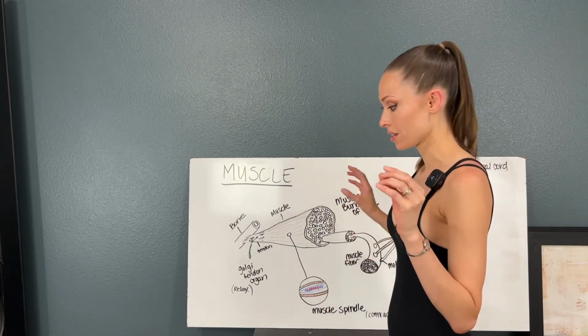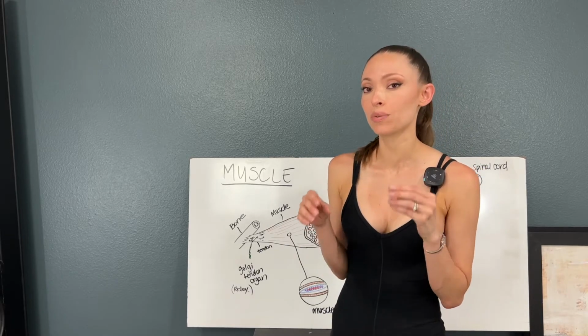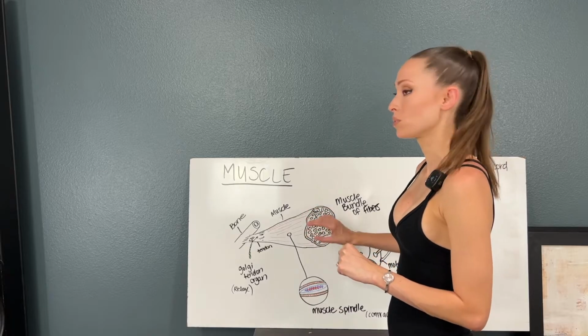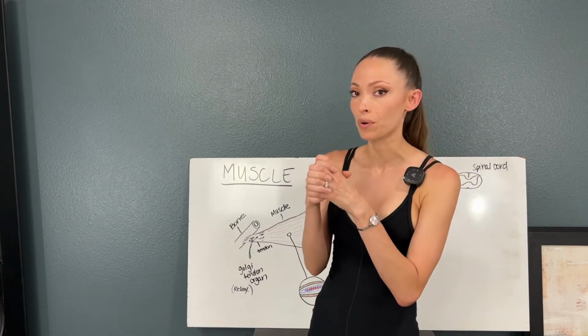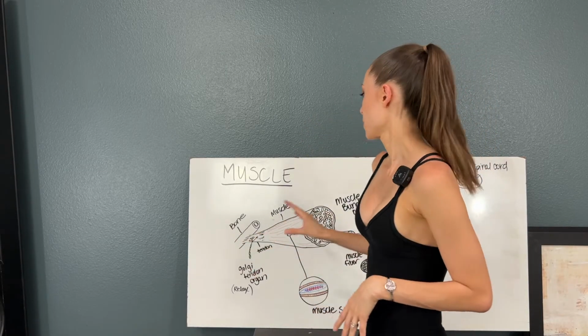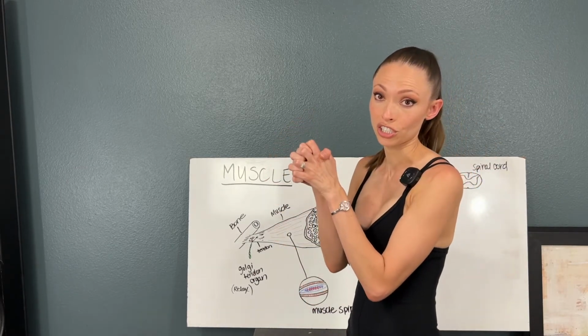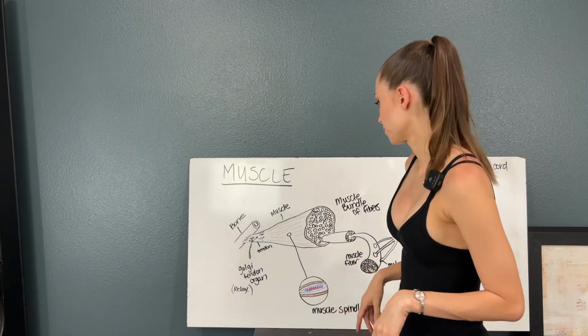But we are not going to go into the technical terms today. We're just going to go into the brief overview that the muscle is composed of many different microfilaments, and all of that together creates muscle movement, contraction, and relaxation.